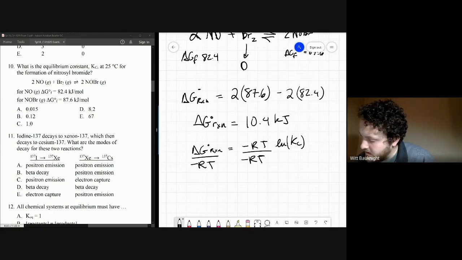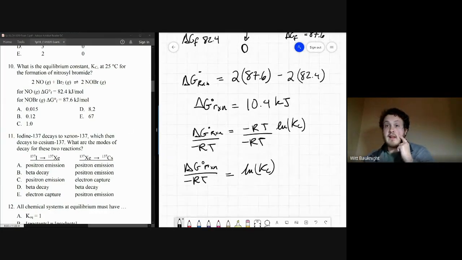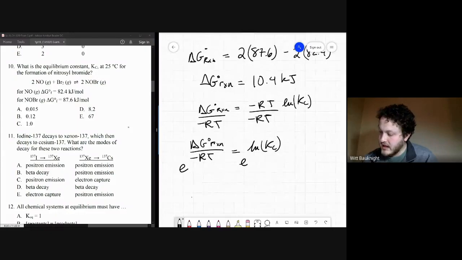So we get delta G of the reaction over negative RT is equal to ln Kc. Now, how do we get rid of ln? We can't divide by ln. We need to raise both sides by e. So we get e raised to the delta G reaction over negative RT is equal to Kc.